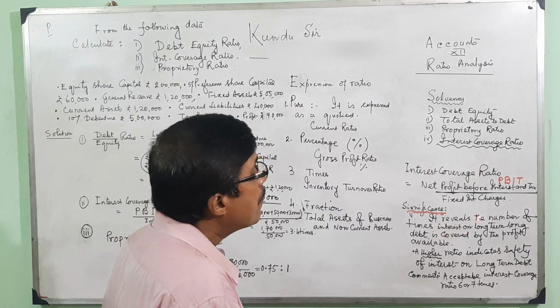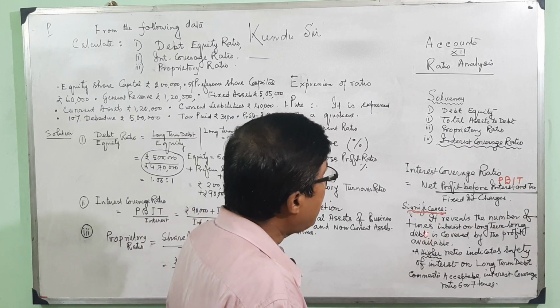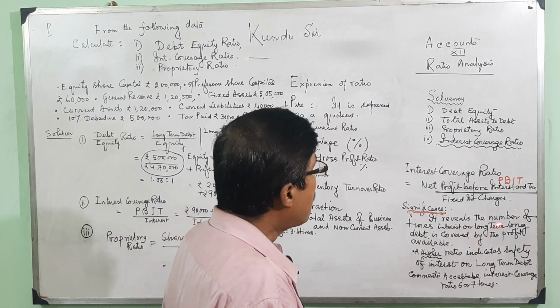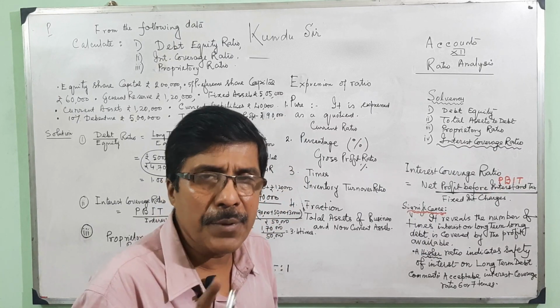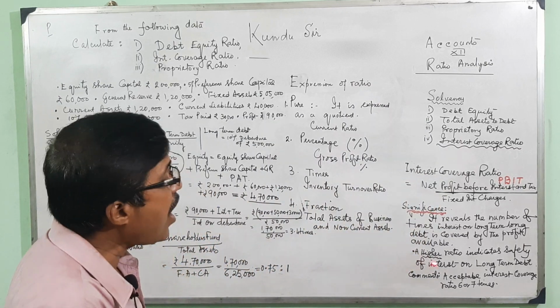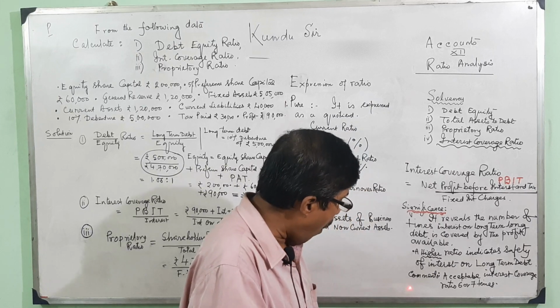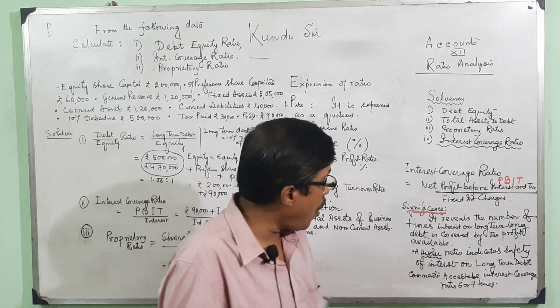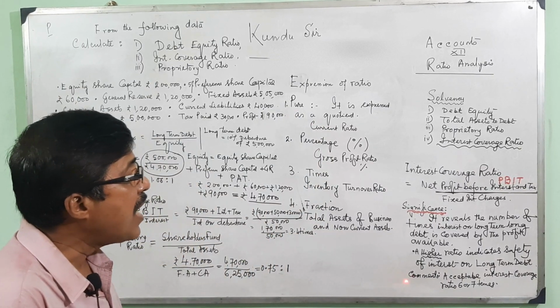It reveals the number of times interest on long term debt is covered by the profit available, where profit means profit before interest and tax. A higher ratio indicates safety of interest on long term debts, and there is a small comment on this.